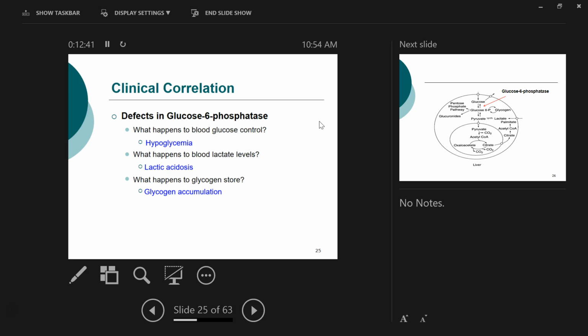So when glucose 6-phosphatase is lacking, glucose 6-phosphate cannot be converted to glucose and accumulates, and then inhibits glycogen breakdown. That leads to increased glycogen accumulation in the liver.